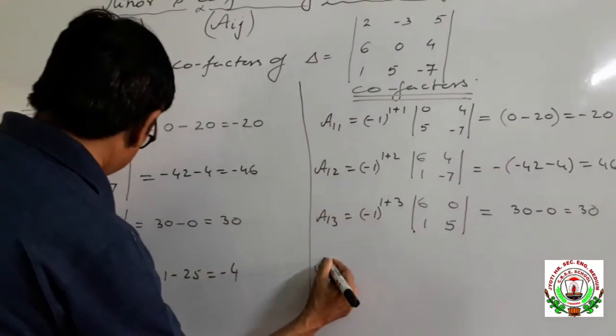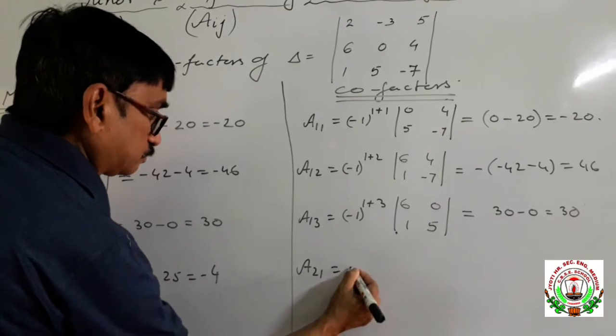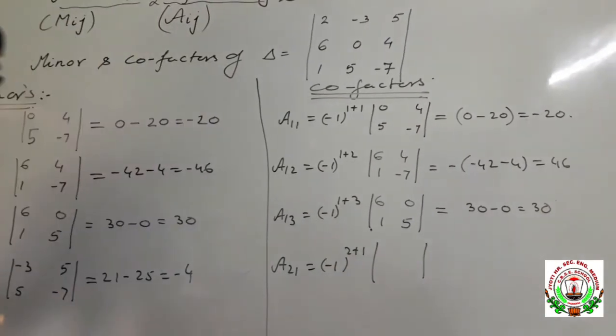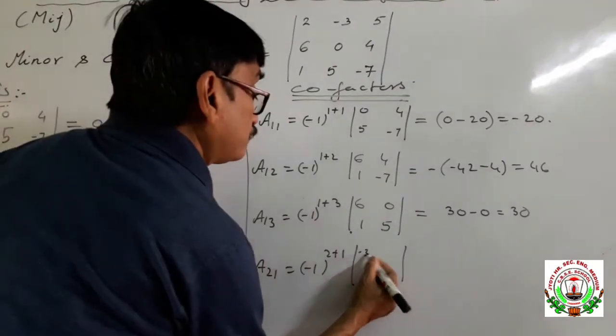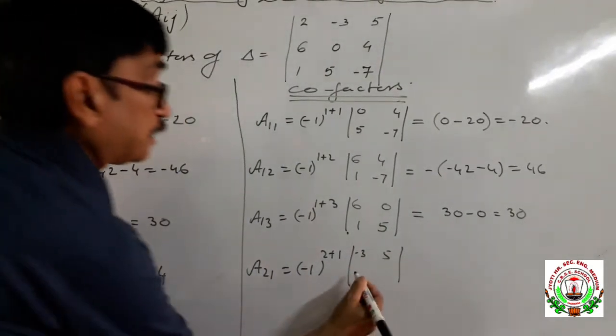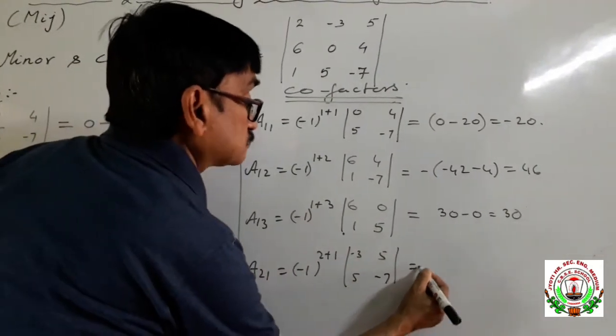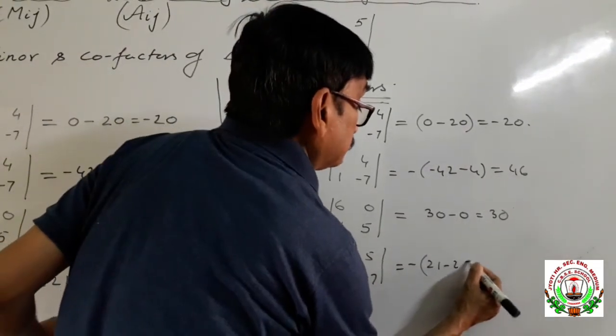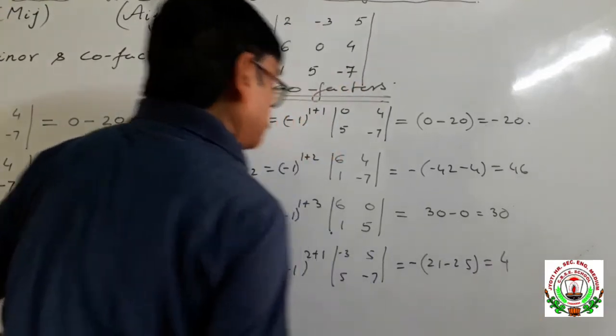Its cofactor A21 will be minus 1 to the power 2 plus 1, and 21 minus 25 becomes plus 4.